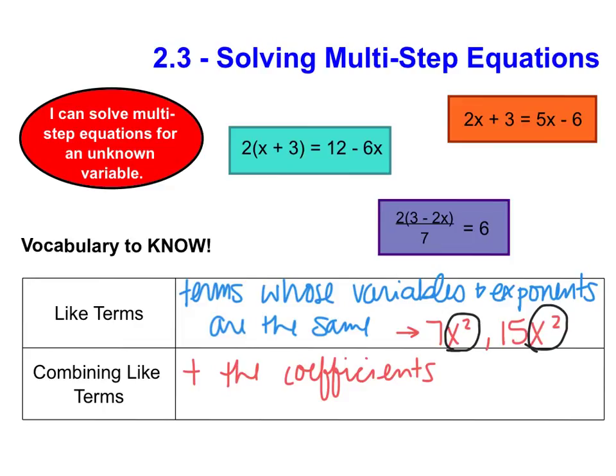So if we take our 7x squared and 15x squared and add them together, all you do is add these numbers in front. We take 7 plus 15, which gives us 22, and you leave the x squared the same. We don't touch the part that made them like terms. We simply add their coefficients, the numbers in front of the like terms.